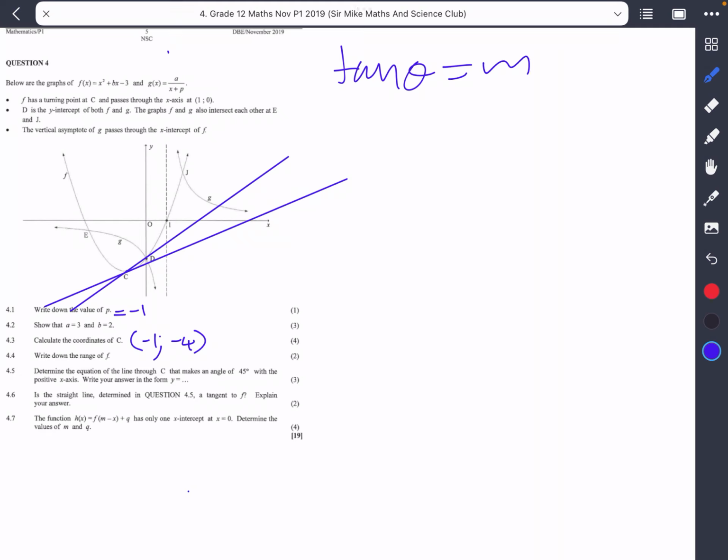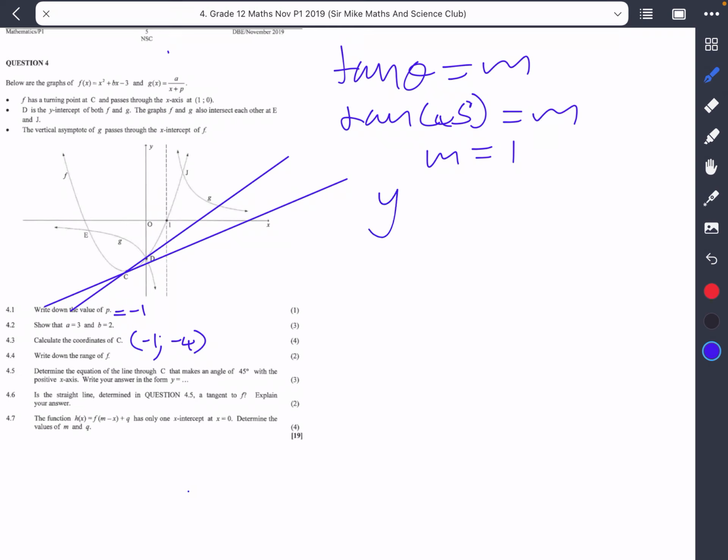Now we don't know the gradient, so this would be tan of 45 degrees equals m. So in this case, you would get m being equal to 1. So we know that the line passing through point C has a gradient of 1.